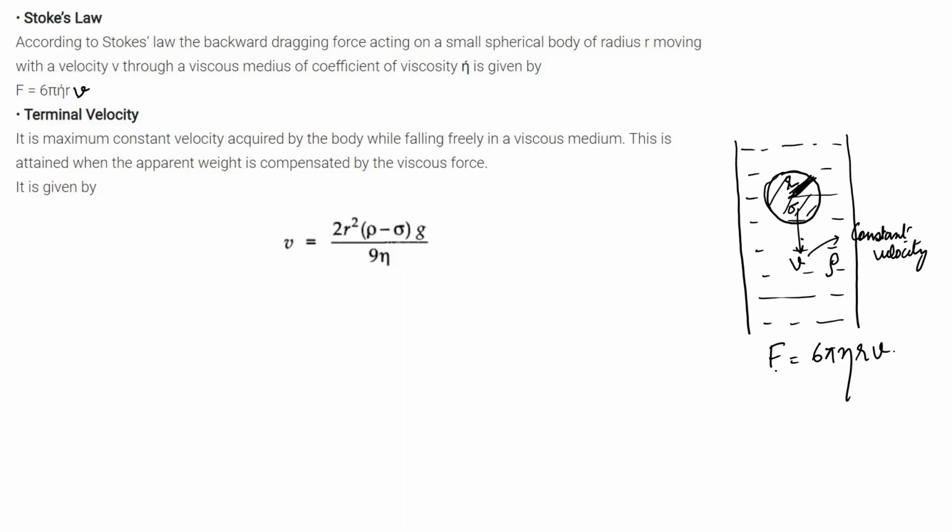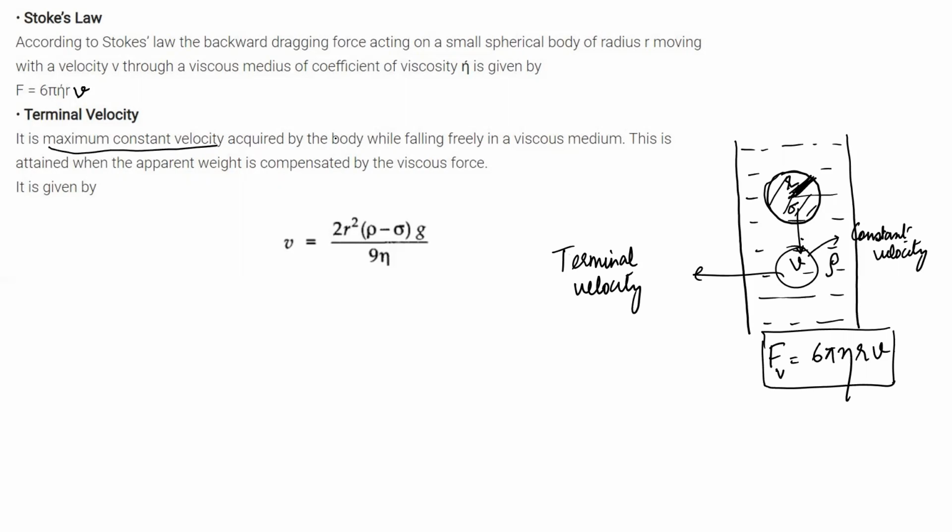And this is called the viscous force experienced by a spherical body while moving through a viscous fluid. Here this v is called the terminal velocity, which is defined as the maximum constant velocity acquired by a body while falling freely in a viscous medium.